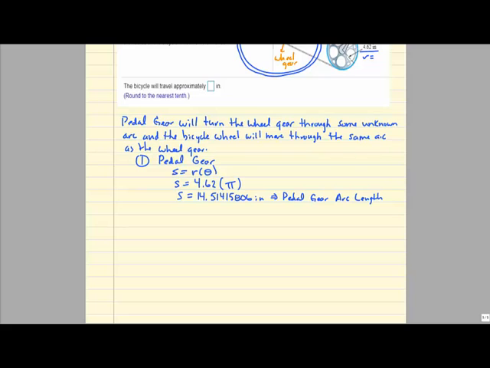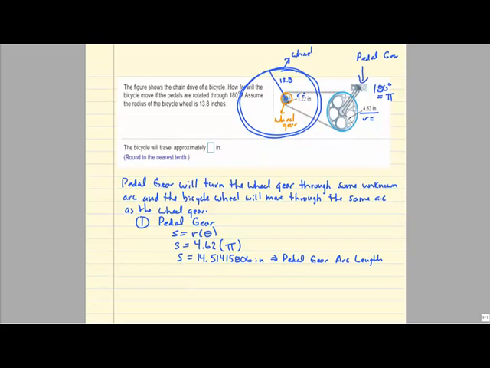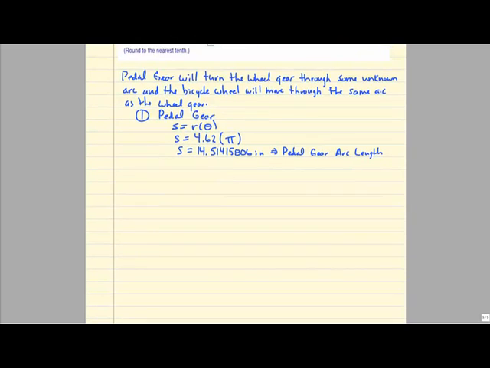Okay, so our next step, the wheel gear, and we already talked about the wheel gear, that's in orange up here. So the wheel gear moves through the same arc length as the pedal gear, because it's pulled by the same chain, the same distance.